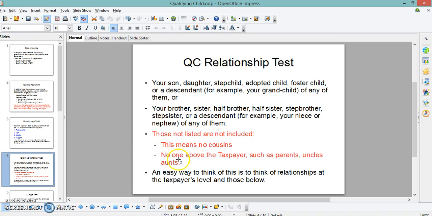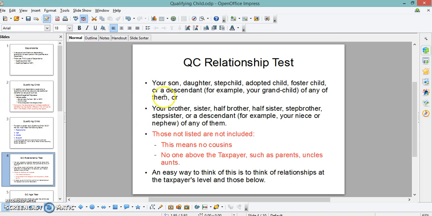I just added these here because a lot of people ask, what about cousins? Cousins are not a qualified relationship, so they would not qualify for this test. Also keep in mind that anyone above the taxpayer, parents, uncles, aunts, because it's not listed here, I just want to emphasize, they are also not included in this relationship test.